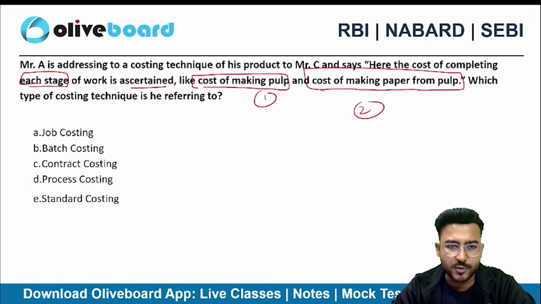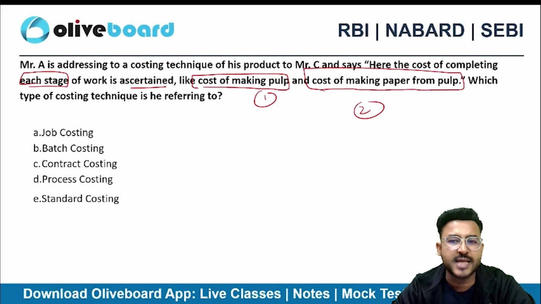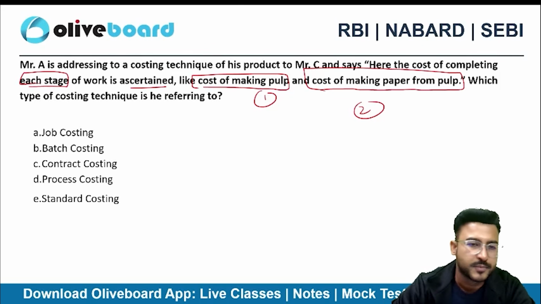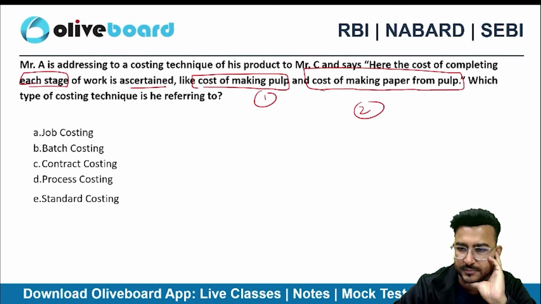Mr. A is addressing a costing technique of his product to Mr. C and says that here the cost of completing each stage of work is ascertained, like cost of making the pulp, cost of making paper from the pulp.